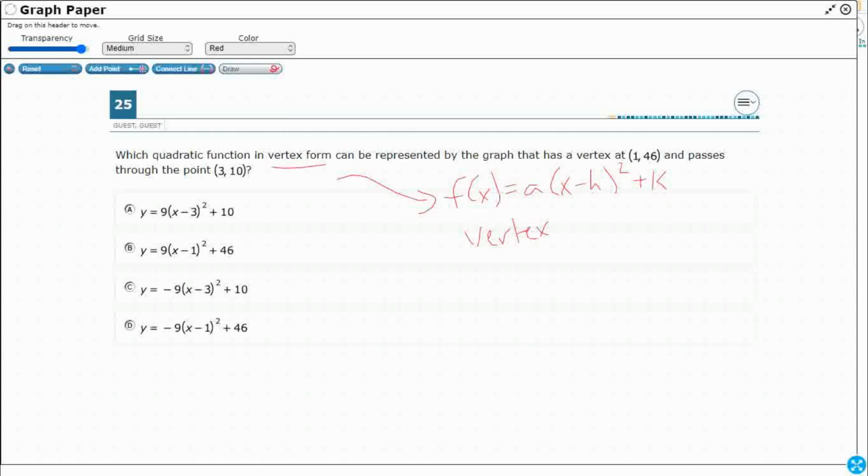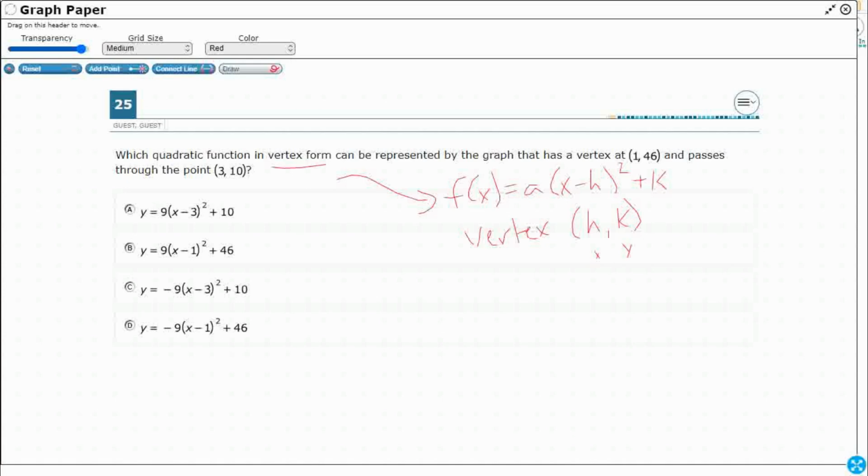The vertex of a quadratic function is going to be (h, k). So your x coordinate is going to be h, your k is going to be your y coordinate. So it's very helpful if you're trying to find the vertex.